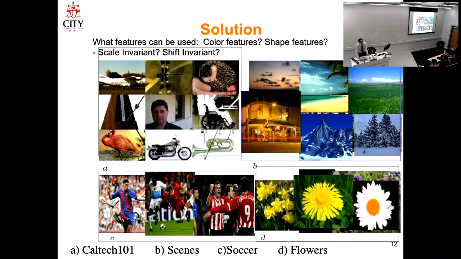Depending on the data set, this is also very important to consider. Depending on the data set that you are dealing with, you are going to use different sorts of features. For example, in the soccer data set, which has different teams, what you have to do is find the players' clothes, basically, because they're all human, usually in this data set they're all male, and the background is always the same thing.